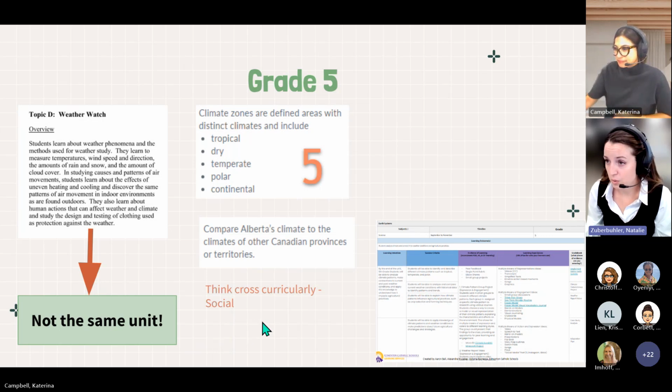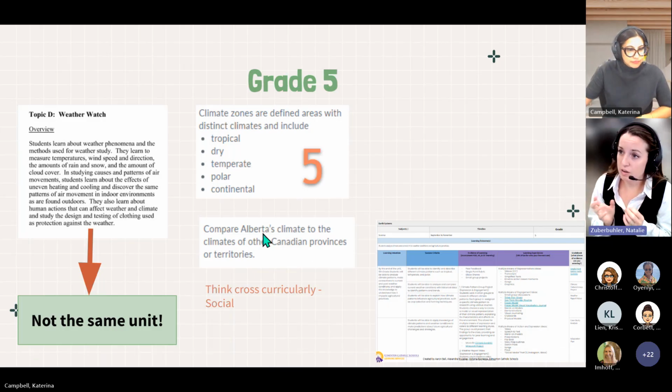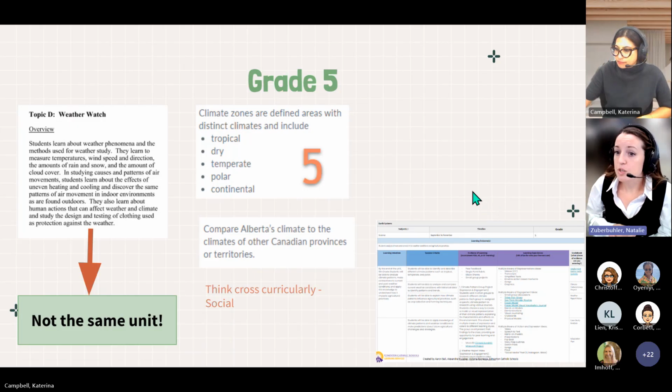We have some components that are the same, but really we're comparing and contrasting weather and climate, because in grade 6, we're going to be going deeper into climate change and what is climate. Too, we have an awesome opportunity here to think cross-curricularly with social when we're comparing Alberta's climates and the Canadian provinces and territories.